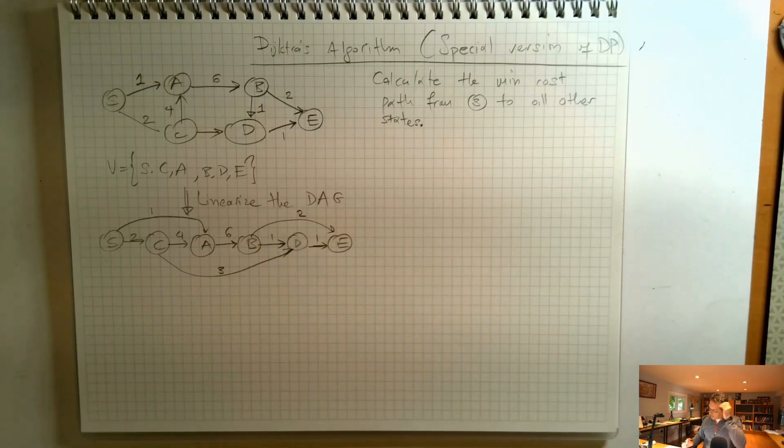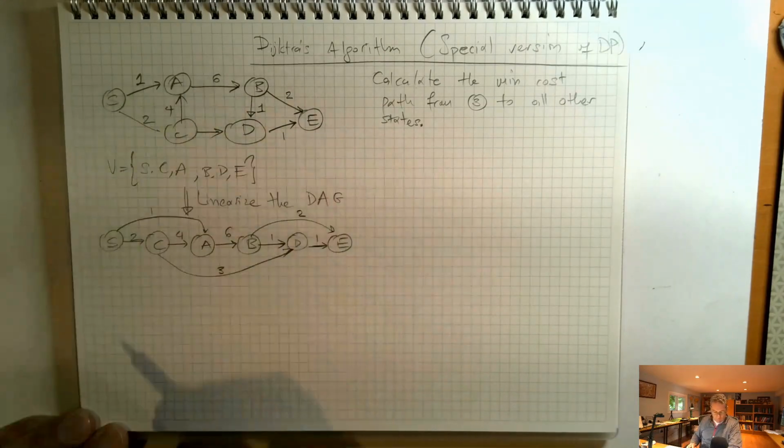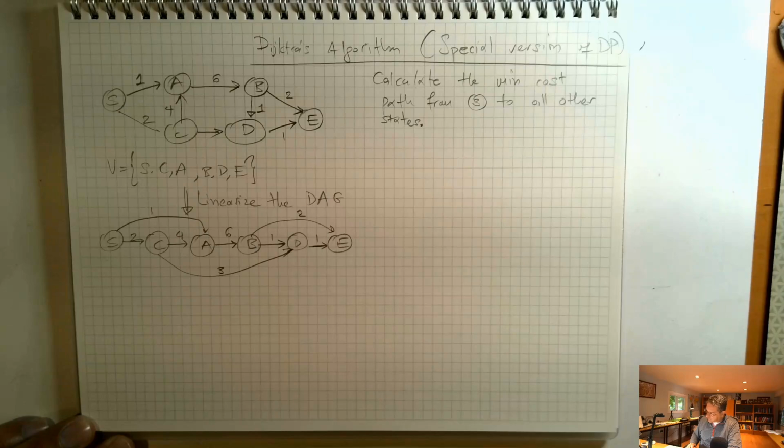In this linearization exercise that we have just done, we got a graph that is far more helpful than the graph over here to come up with an optimal scheme to solve this kind of problem.